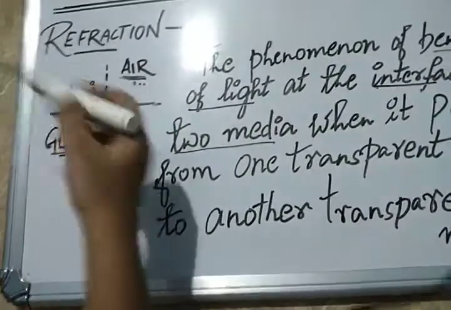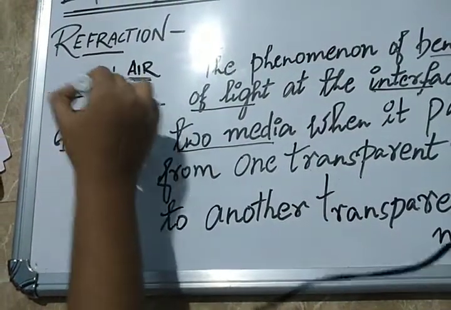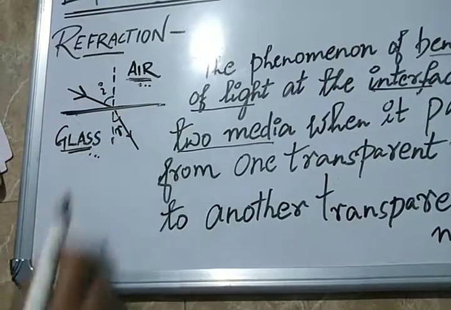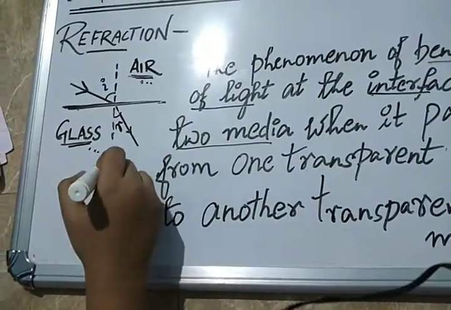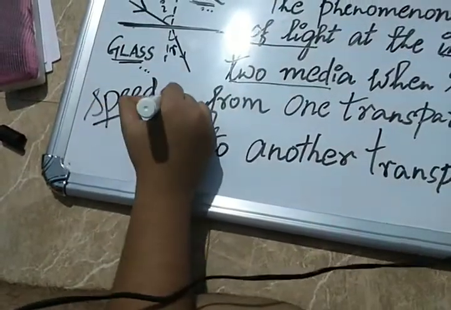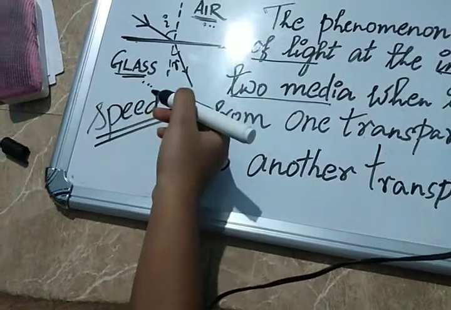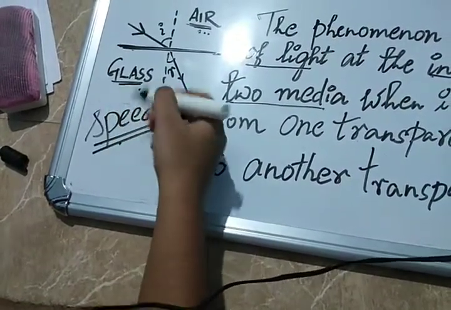The direction of propagation of light changes. Now, why does this happen? This happens because the speed of light in different media changes.